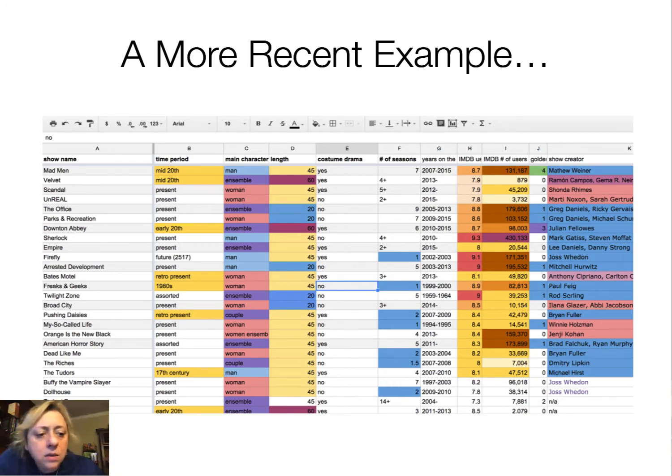This is the type of show names with the time period, the character names, and the show creators, etc. So really, when you have data like this, you cannot summarize it, no matter how much color coding you did in your Excel file. It's very difficult to represent it.